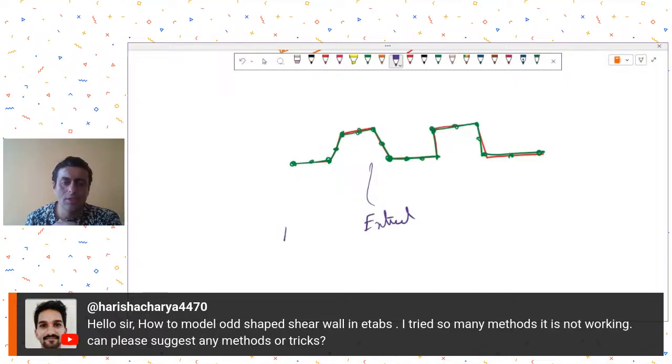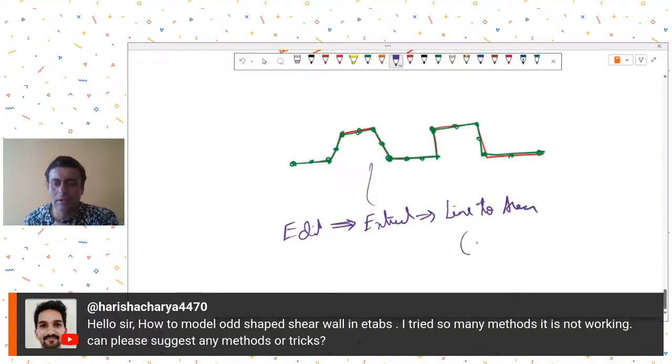So in the edit option, you will get the extrude option, extrude line to area command. Use that and extrude it along the elevation. So let's say along Z you extrude it, and then you can get any odd shaped wall modeled. So it's a 2-minute task.